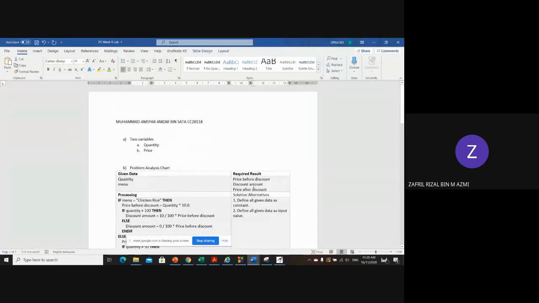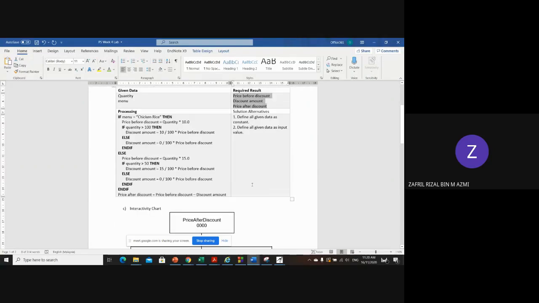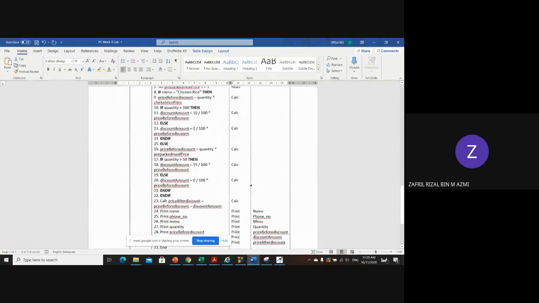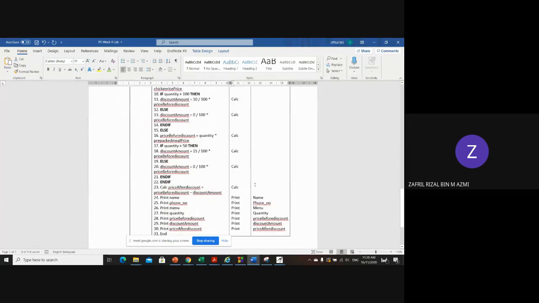PAC. So not tally with the information that you give in the flowchart and also IPO. So it's supposed to be this value, this variable.